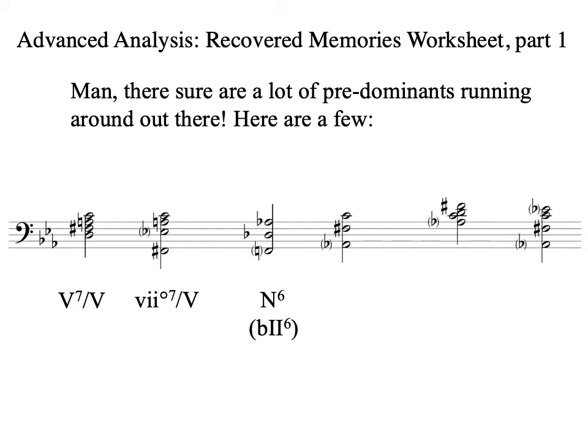that chord in the middle, which is a D flat major chord, a major chord built on the flat 2nd scale degree, what we would call a Neapolitan chord, and our buddies the augmented 6th chord, the Italian augmented 6th chord, the French augmented 6th chord, and the German augmented 6th chord.